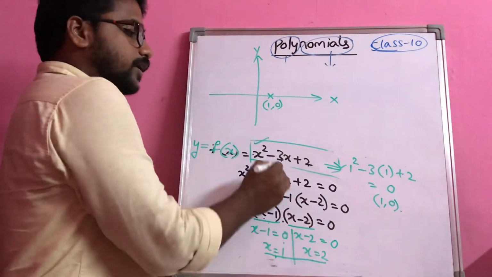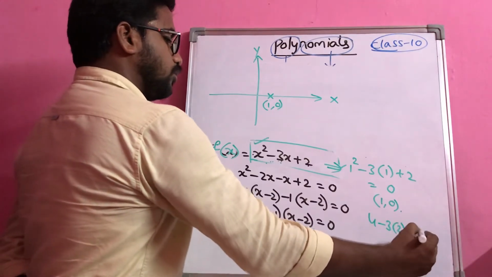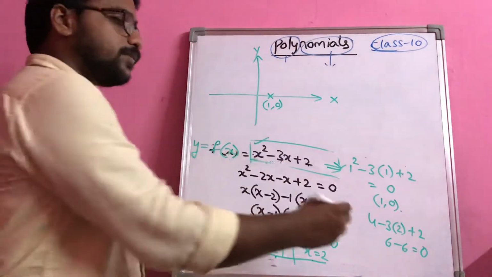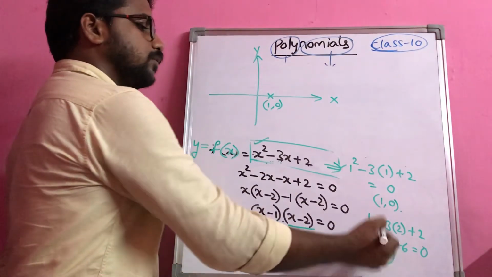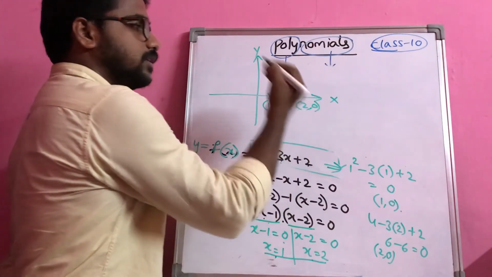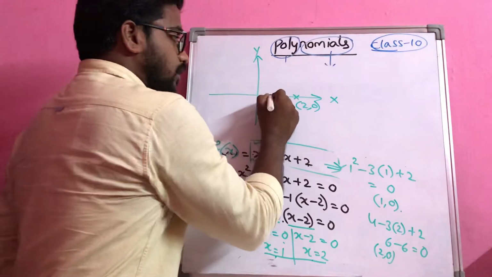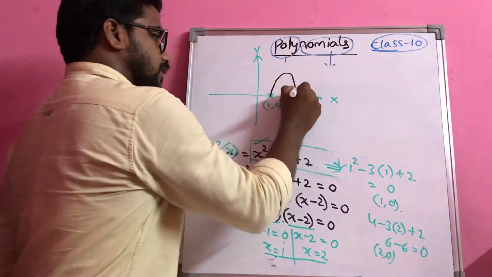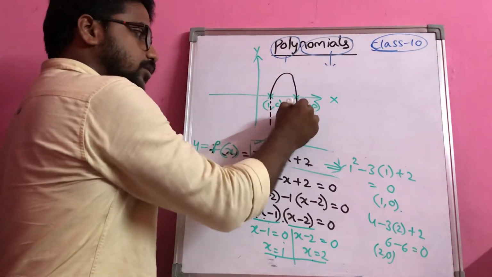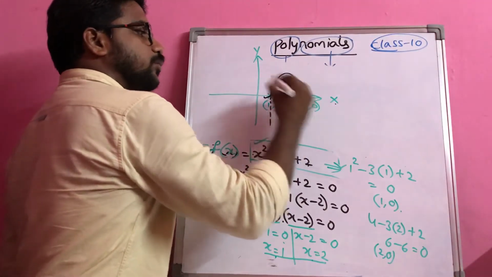Similarly, if you substitute x is equal to 2 here, 2 square 4 minus 3 into 2 plus 2, 6 minus 6, again I am getting 0. So the corresponding point will become 2, 0. So somewhere here 2, 0 is there. For example, if I have a curve like this, it may extend like this also, but it will intersect the x-axis at only these two points.